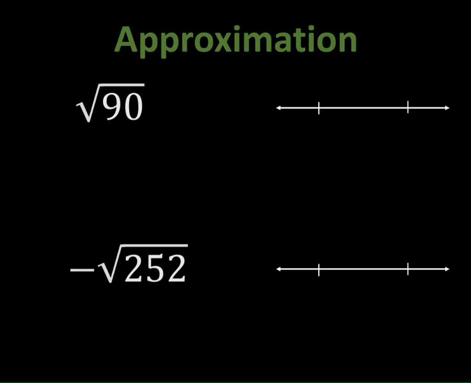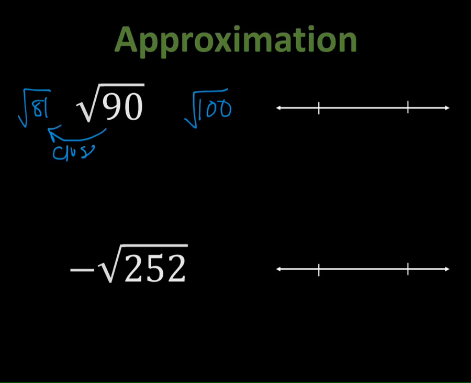Okay, let's look at a couple more. Which two perfect squares is 90 in between? It's going to be between 100 and 81. Which number is 90 closer to? Is 90 closer to 81 or is 90 closer to 100?